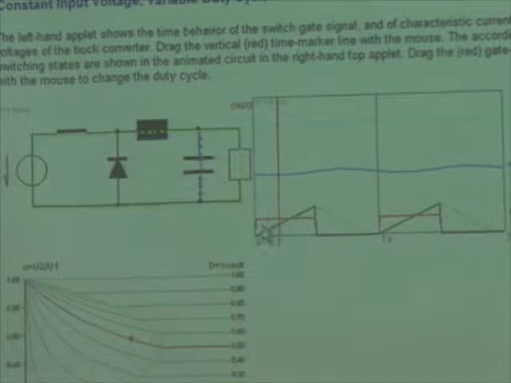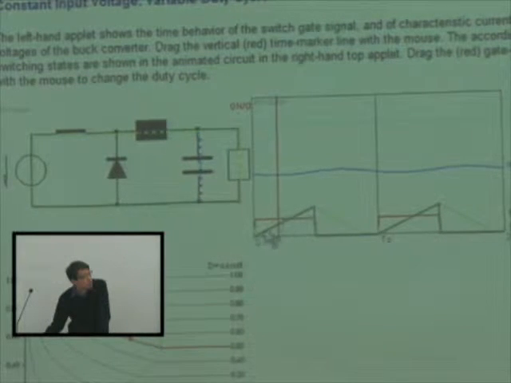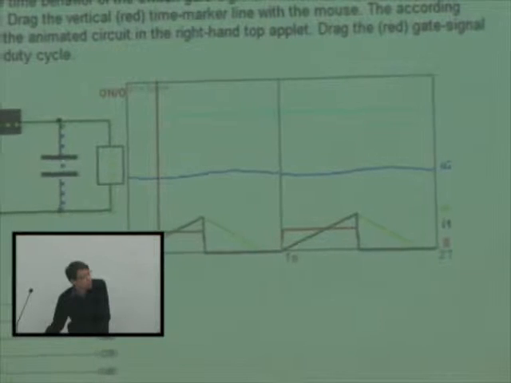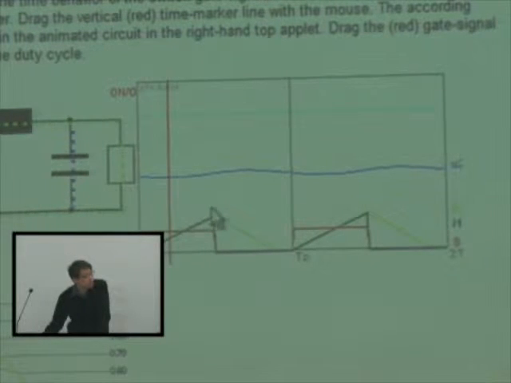And the red one is the switching function of the switch. When this is high, the switch is turned on, and when this is 0, the switch is off. And what is this black one? Switch current. And the sky blue one is the diode current. So this and this, as a summation, represent the inductor current.